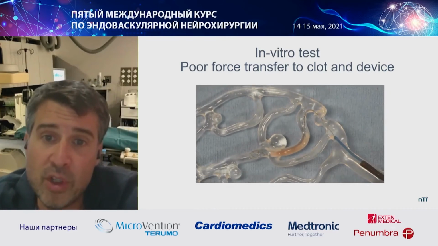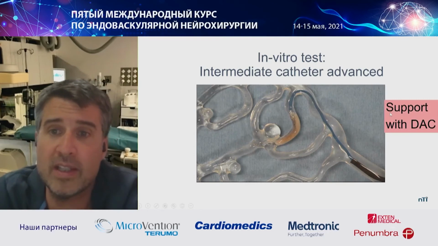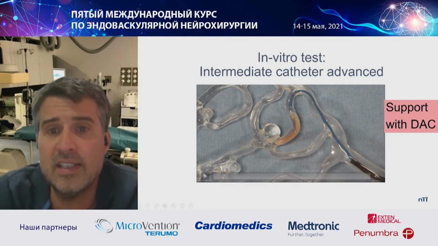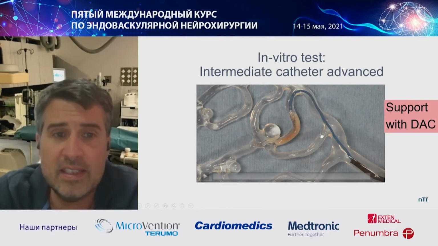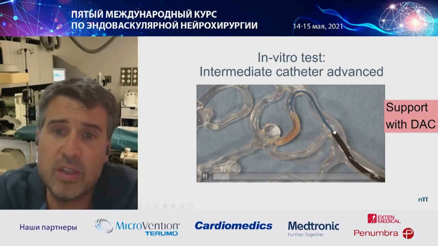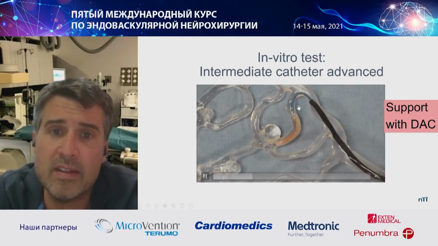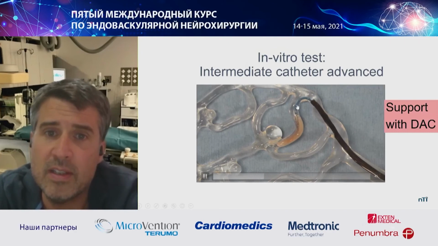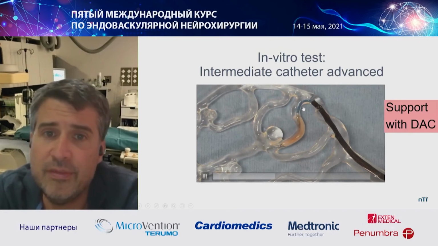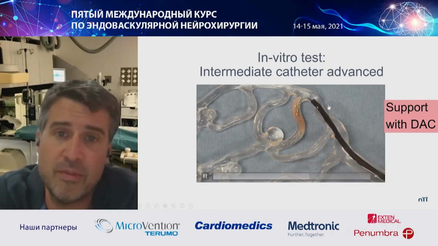So how can you avoid this? As I said, by giving support with a distal access catheter. The first thing you need to do is approach with your DAC, you give support, and now when you pull your microcatheter and your stent retriever, the vector of the forces is different, it goes this way. You are not going to cause the harm that we've seen before.